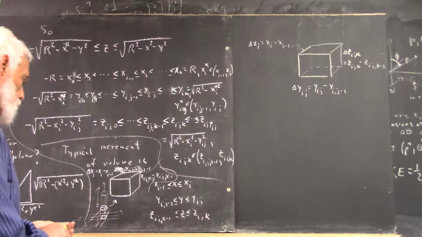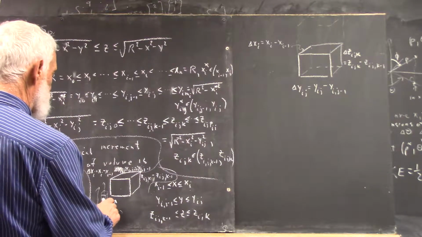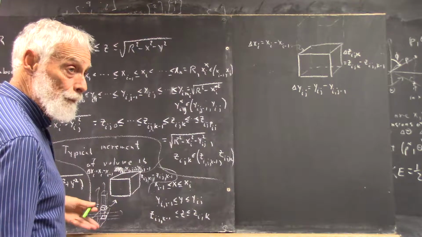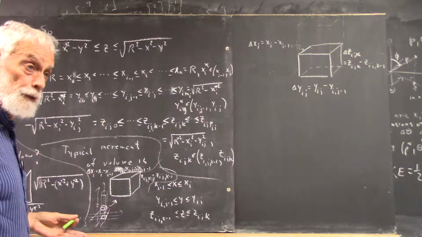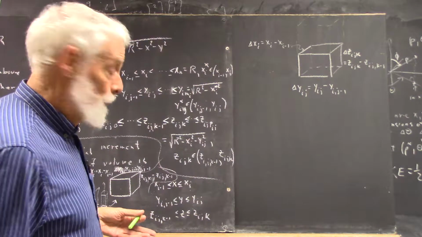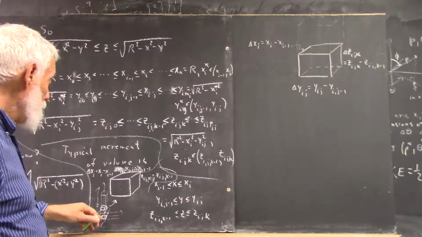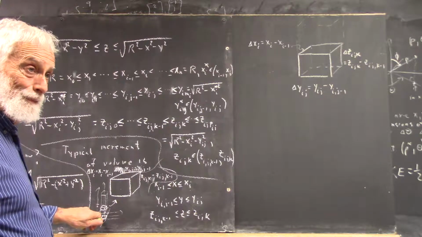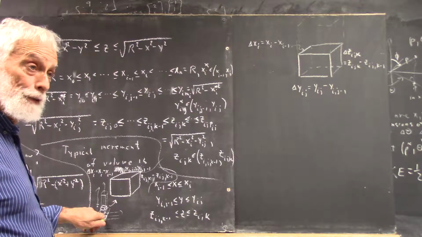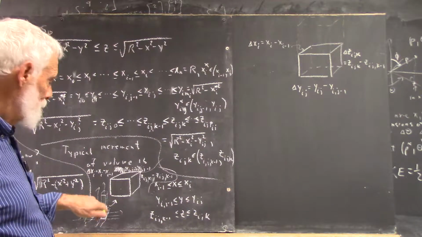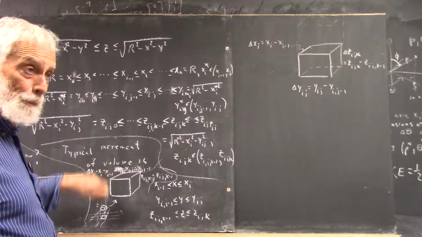So, you know, we could extend this. We could see this as a stack of cubes, right? And they don't all have to have the same dimension, but they all have to have the same base, because this is the base of all cubes. The base will have the same dimensions. Okay?